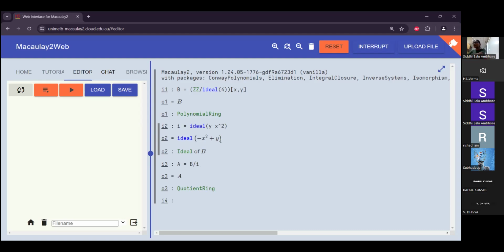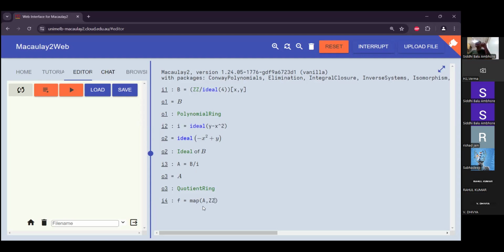And now we define this map from Z to A as we wanted. But in Macaulay 2, when we want to define a map from Z to A, we write map A comma Z instead of writing Z comma A. So F is a map from Z to A, but when we define it in Macaulay 2, we have to reverse the order of domain and codomain.